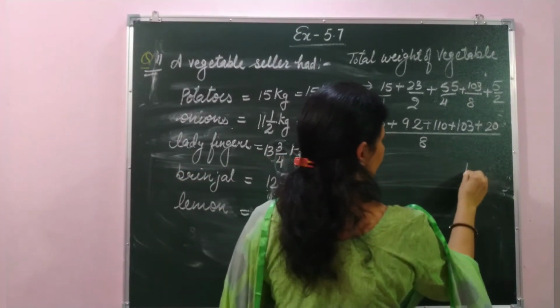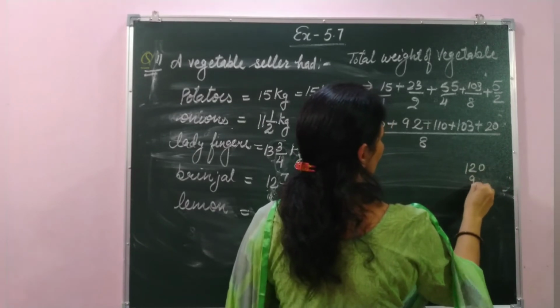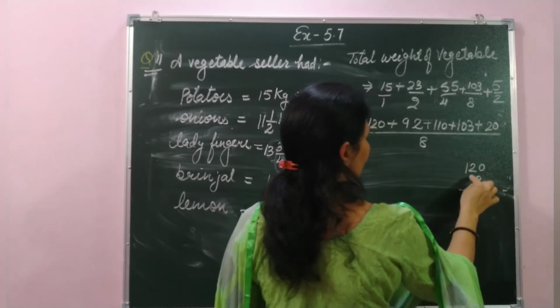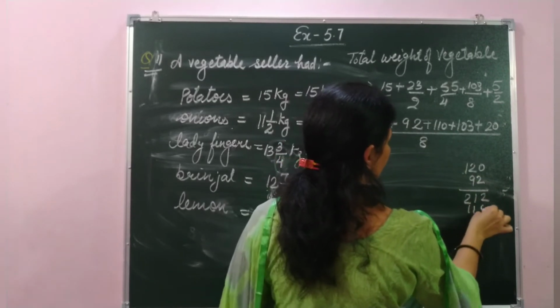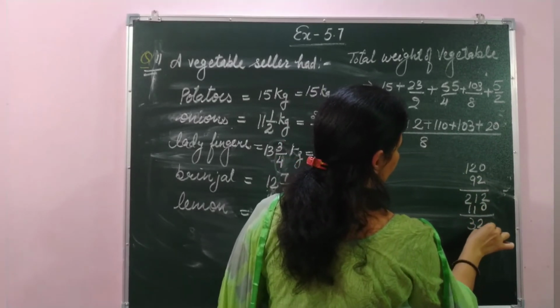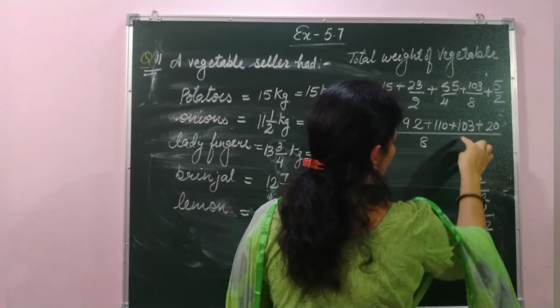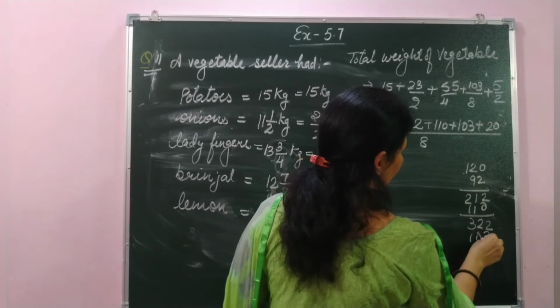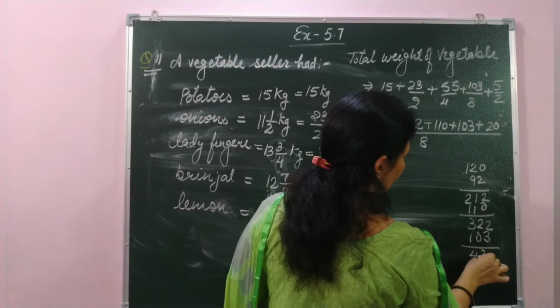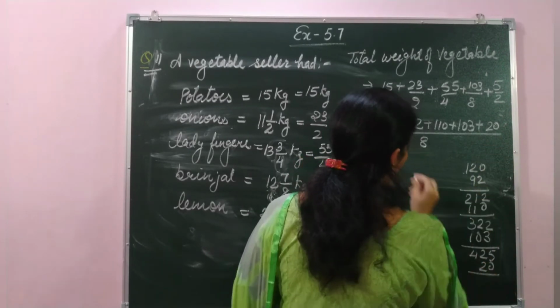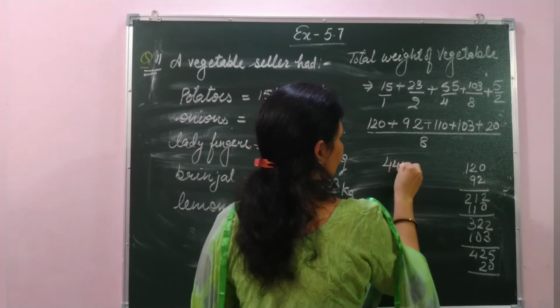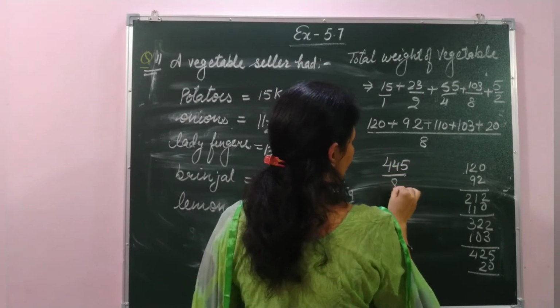And then do the total: 120 plus 92, that means 2, 9, 10, 11, and 212. Then plus 110, that means 322. Then plus 103, that means 425. And at the end 20, that means 445/8 kg.